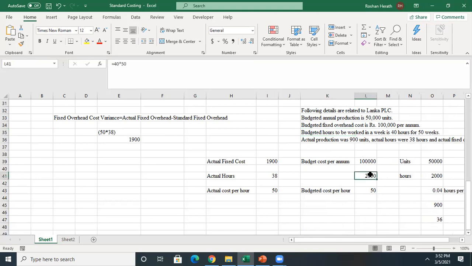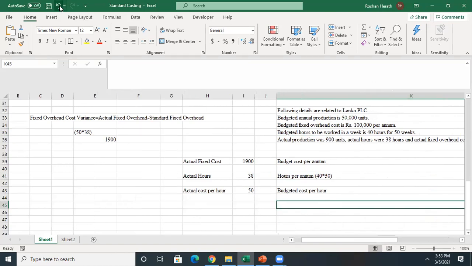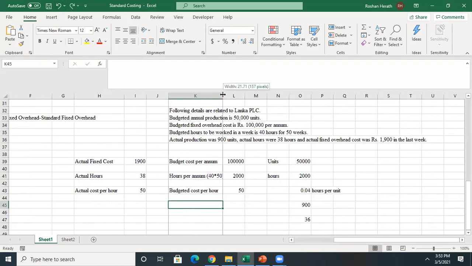If you multiply 40 by 50, it's 2000 hours per annum. Hope you are clear.